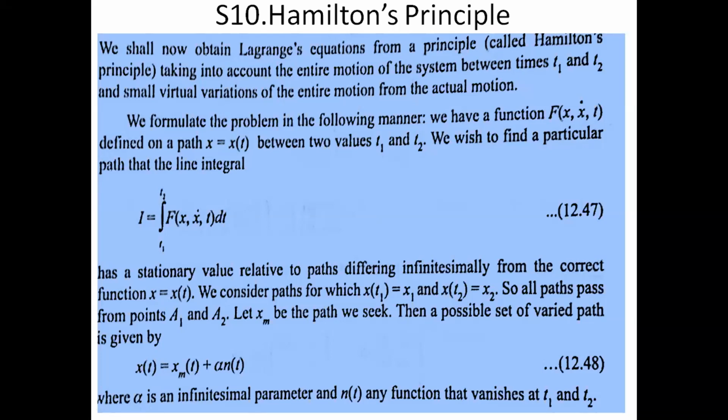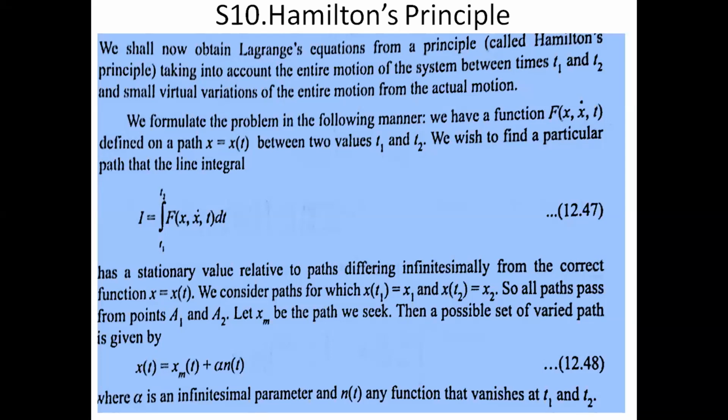Suppose x_m is the path for which the functional has a stationary value, then a possible set of varied paths would be given by x(t) equals x_m(t) plus alpha n(t). Alpha is a parameter, open at the moment, which could be done away with at the end of the calculation, and n(t) is a function of time which vanishes at t1 and t2.